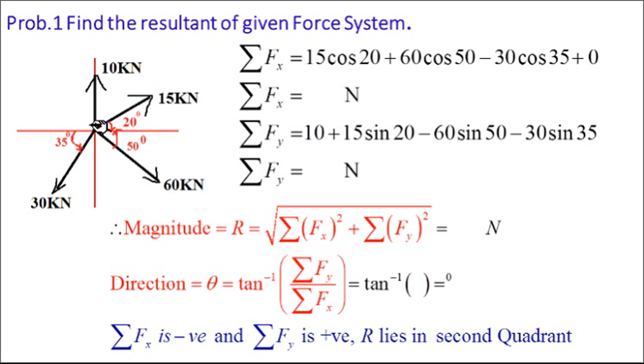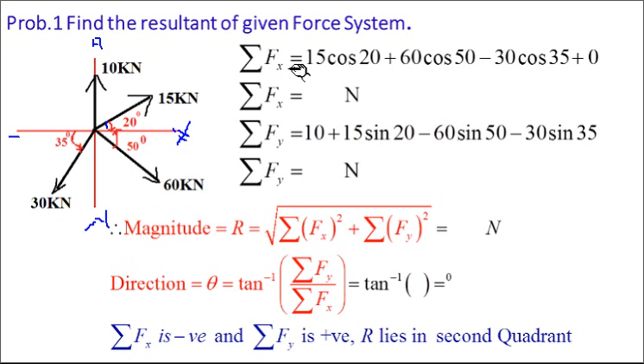Sometimes you have to observe the problem carefully and find out the angle of all the forces with horizontal before going for resolution. Horizontal means what? This x-axis. This is positive x direction, this is negative x direction, this is positive y direction, and this will be negative y. Okay.